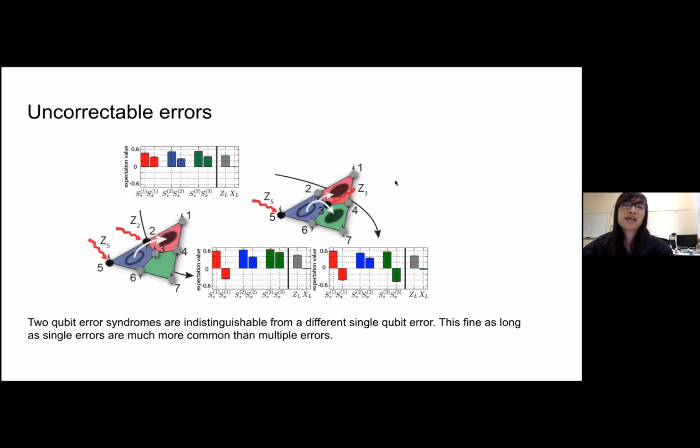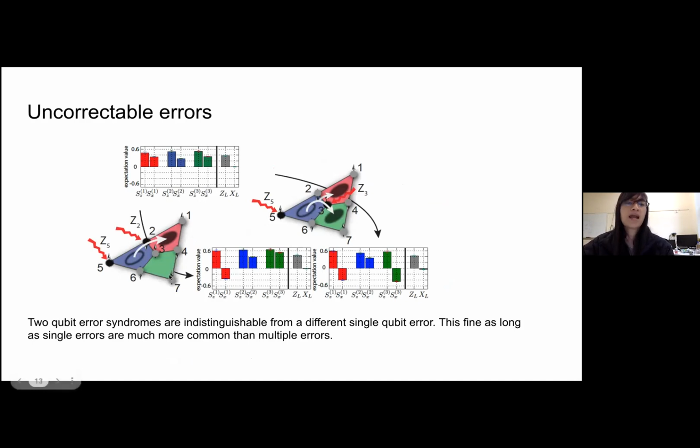But there are some things that you can't fix. So for example, there's a bit of ambiguity for a given error syndrome if you allow for multiple physical errors to occur. If multiple physical errors occur, you end up having the same error syndrome as if a different single error happened.